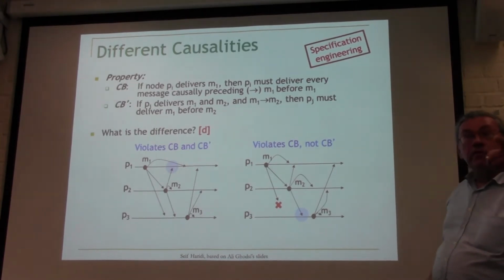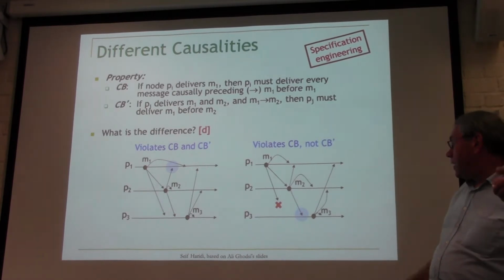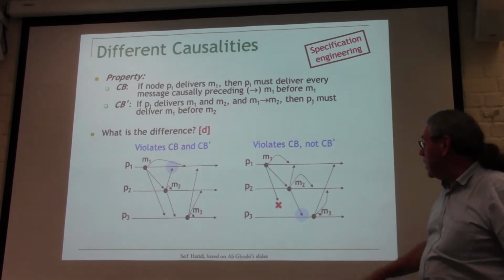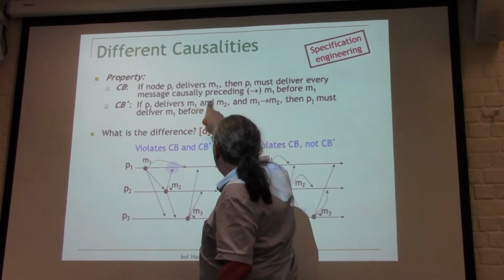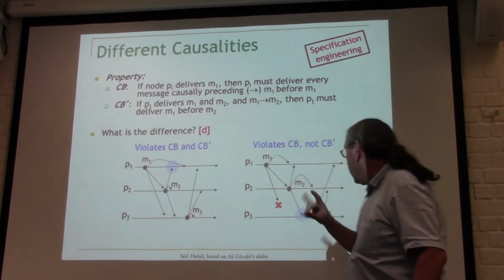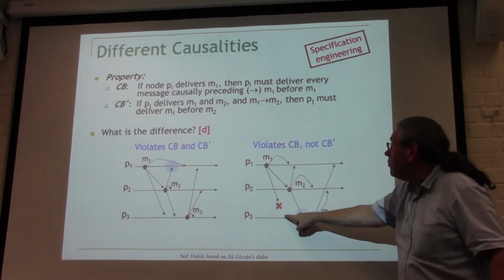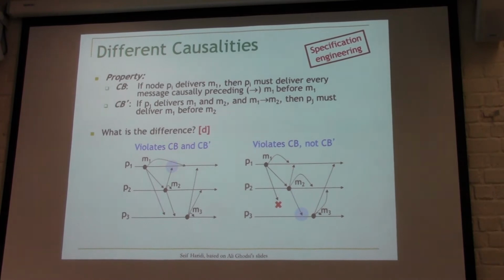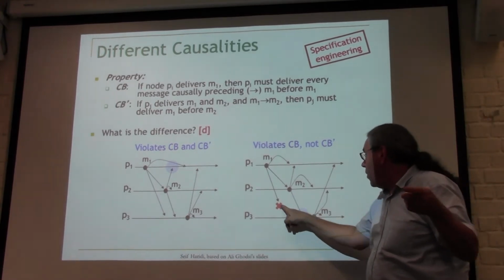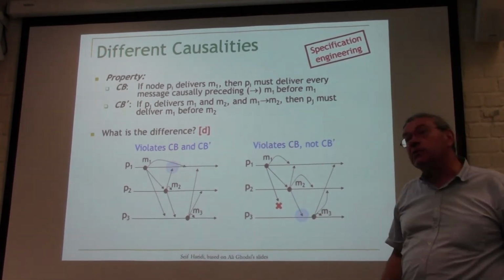Because P3 doesn't deliver M1 at all. Exactly. CB prime assumes that it delivers both, and then it determines the order. So if the message is not delivered, CB prime doesn't care, okay? So CB prime doesn't care about lost messages.